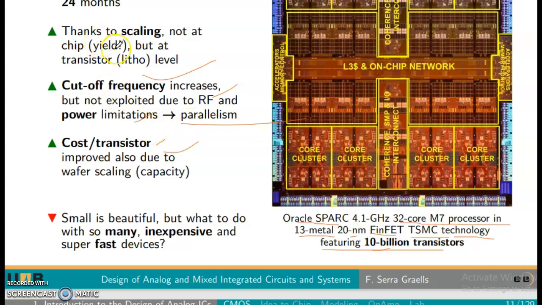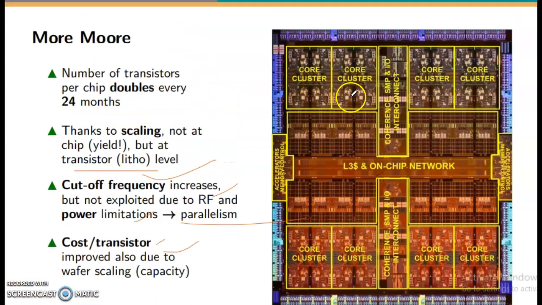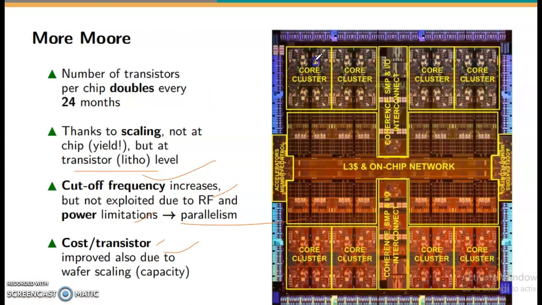Here once again we have to remember scaling is not at the chip but at the transistor, lithography level. Core cluster, this one also core cluster. Here core cluster, here also core cluster.